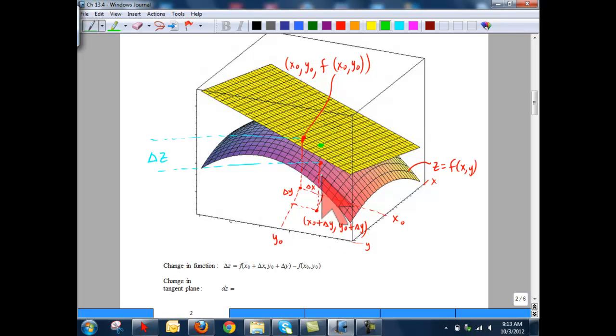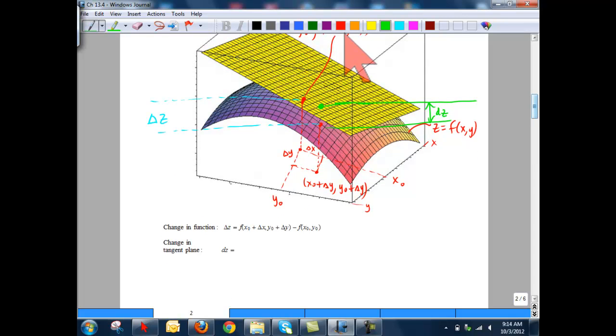So when I go up from here, I hit the tangent plane right here, and now I can discuss this quantity, let's call that dz, it's the change in the level of the tangent plane, as an approximation to delta z, which is the change in the level of the surface.